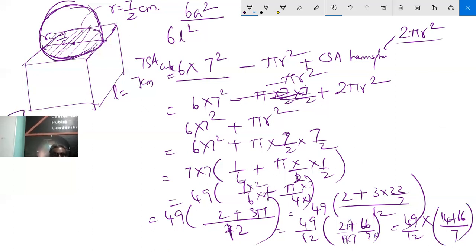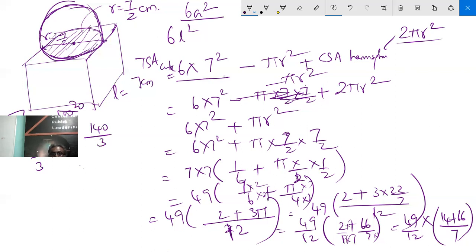Continuing the calculation gives 140 by 3. Something has gone wrong.